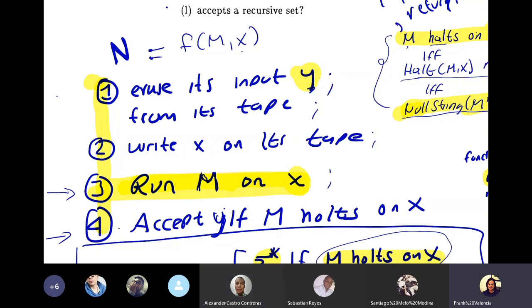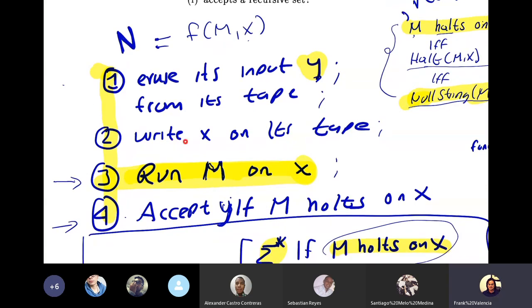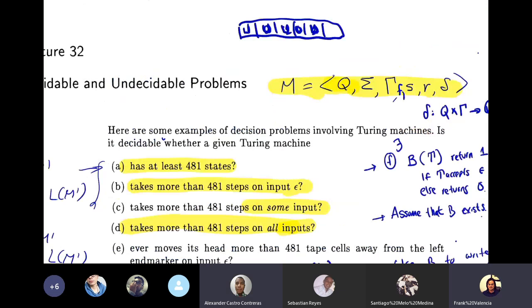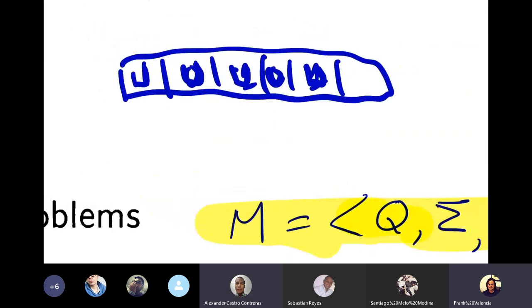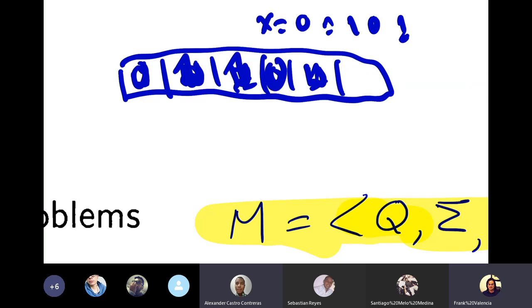Okay, so you remove it, and then you now write X on its tape. So basically what you are replacing is Y with X. Going back to this example, if my input is Y here, 1, 1, 1, 1, it goes and replaces that with 0, 1, 1, 0, 1.